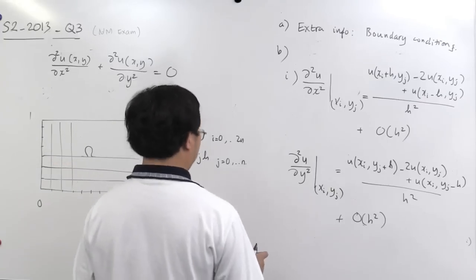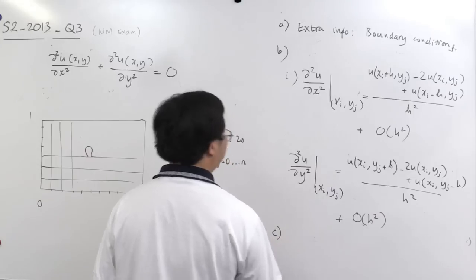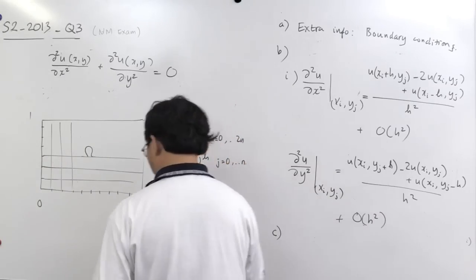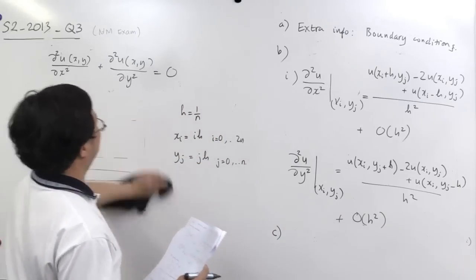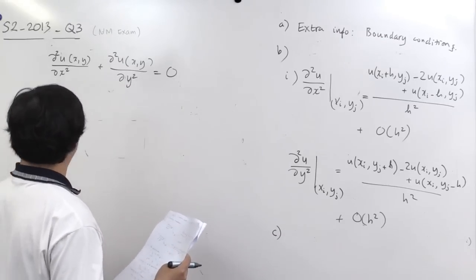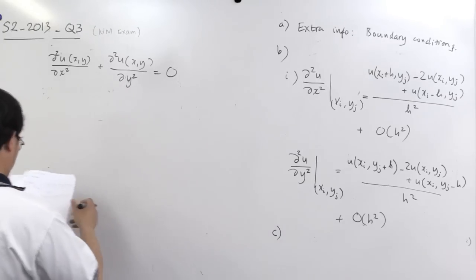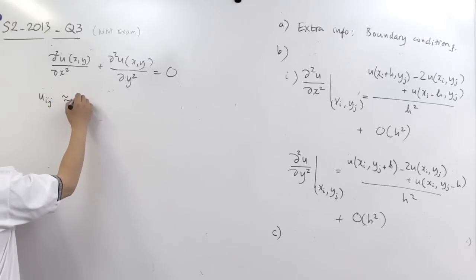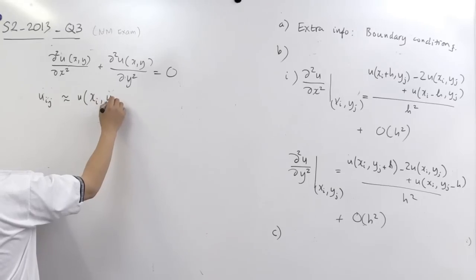So now we want the approximation of the equation. So remember, we go back to the equation. Remember uij approximates the value at xi, yj.